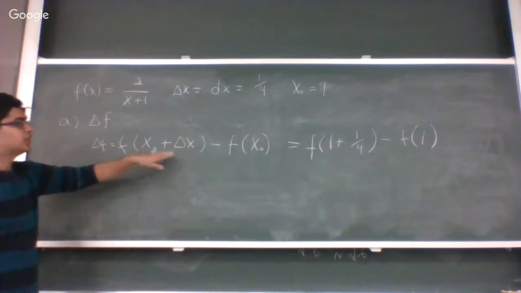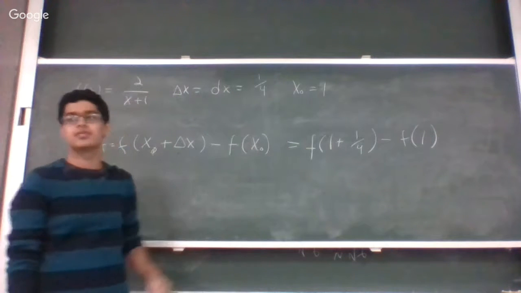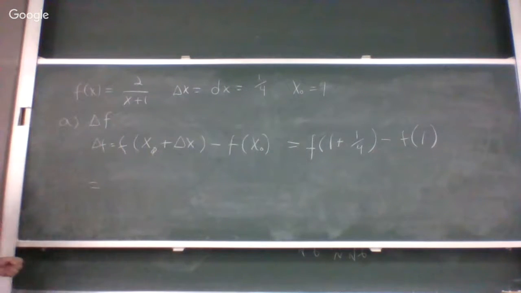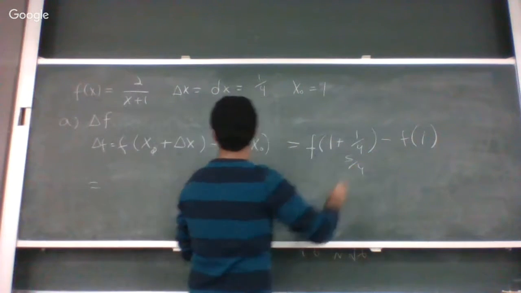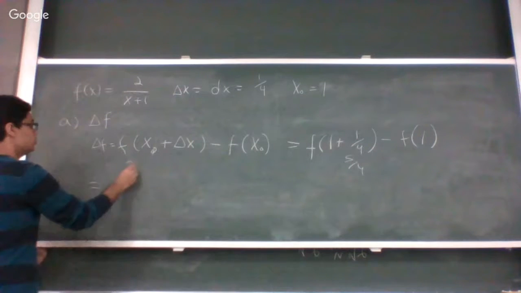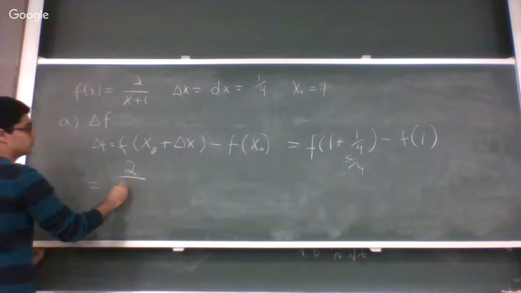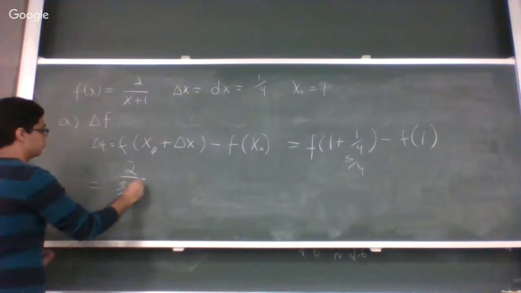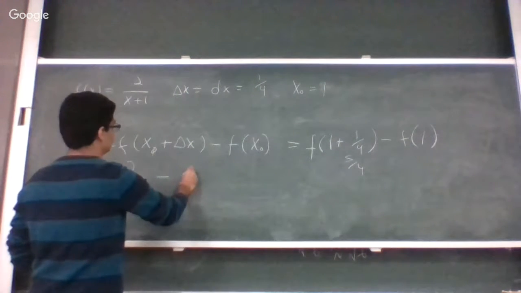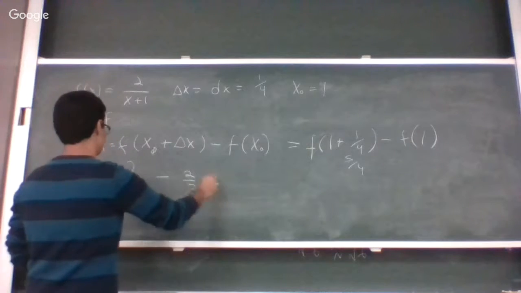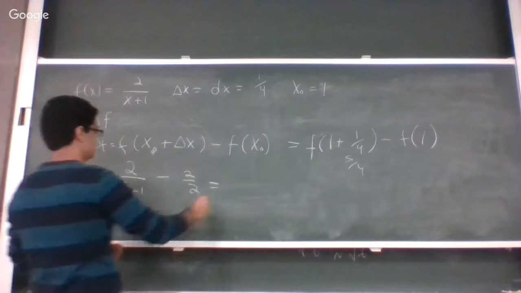Yeah, but this one has that change added to it minus the f of x. So this is 5/4. So we have 2 over 5/4 plus 1 minus 2 over 2. What is it equal to?